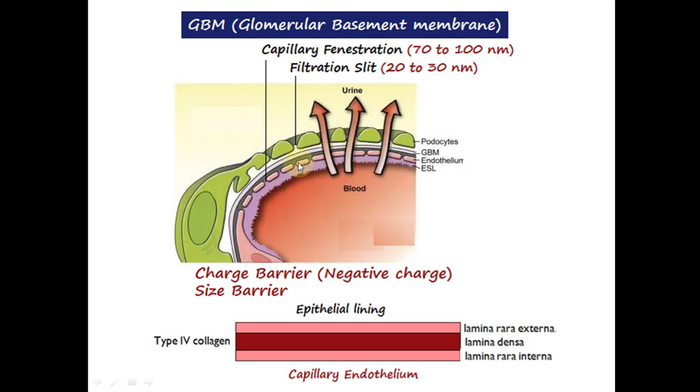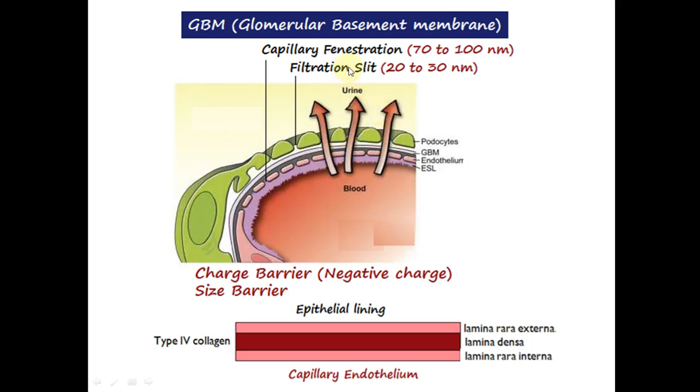And there are two barriers. One is the charge barrier, because all the structures in this area are negatively charged and they will repel the negatively charged molecules. And the second barrier is the size barrier.